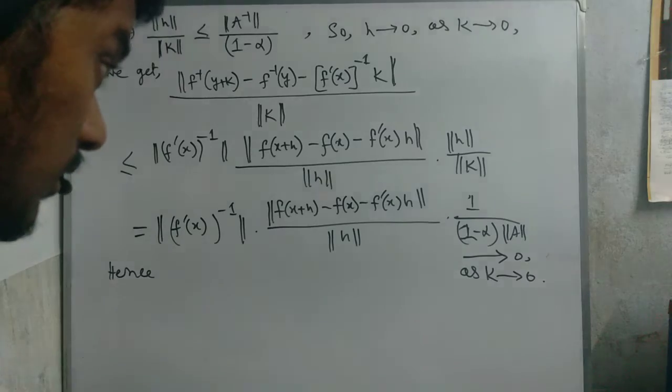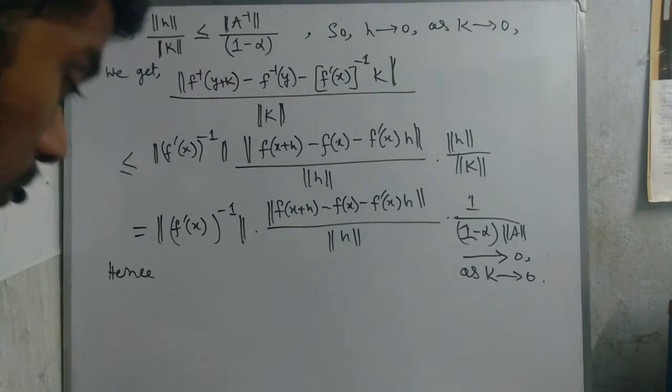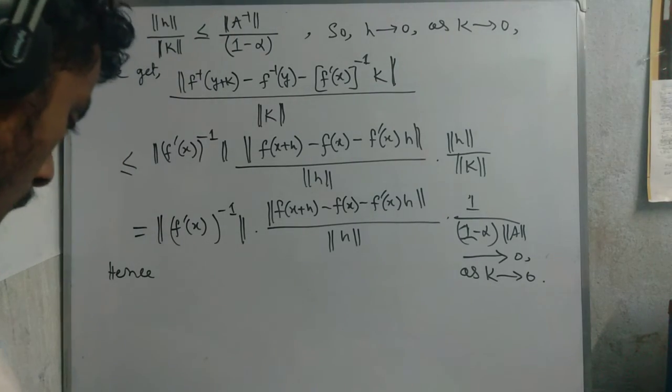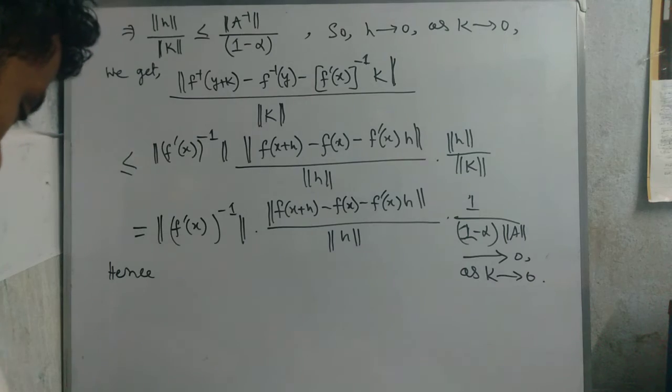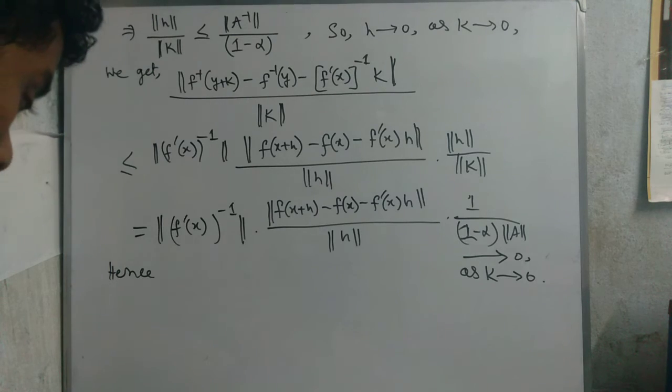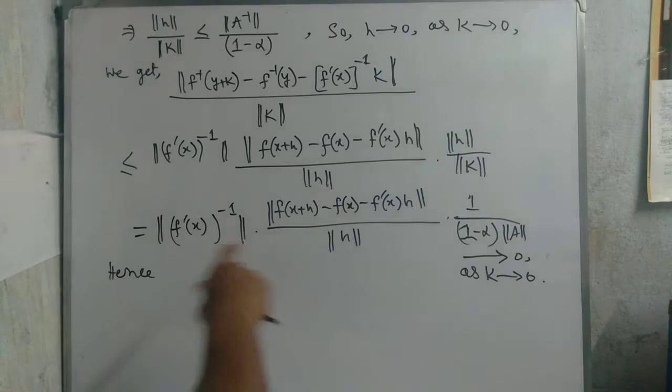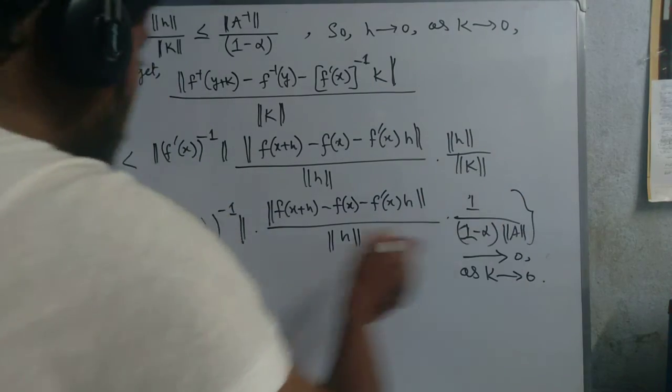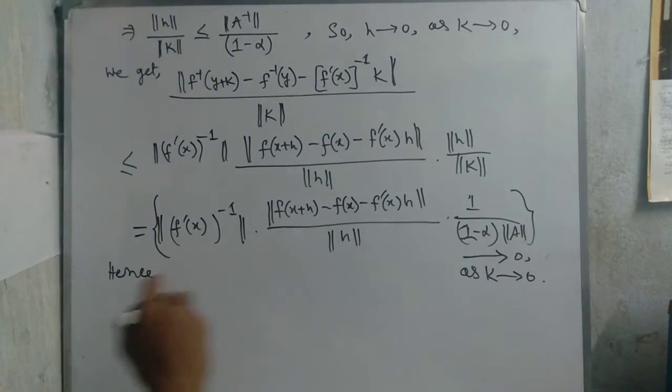And the norm of h by the norm of k is bounded as k tends to 0 and h tends to 0. So (f⁻¹)' is differentiable at y, because this whole term tends to 0 as k tends to 0.